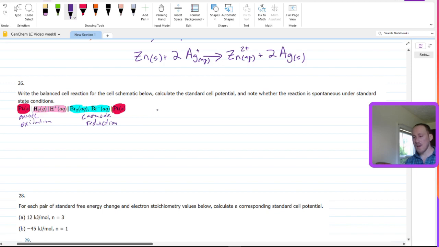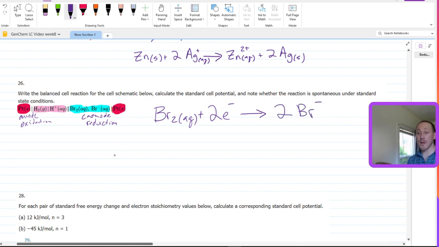So what's going on here is that we have Br2. This is the thing that's getting reduced. I think it's going to need 2 electrons if we're not going to have a free radical scenario. This is one of the half reactions, the 2 Br minuses.